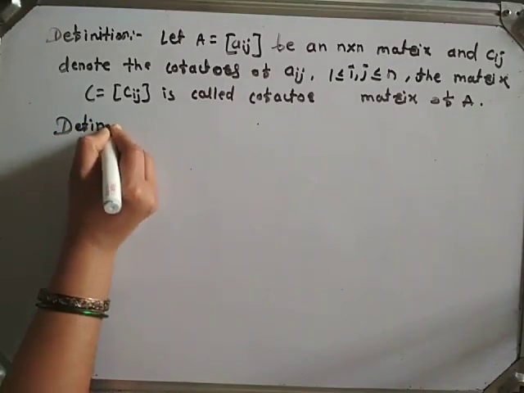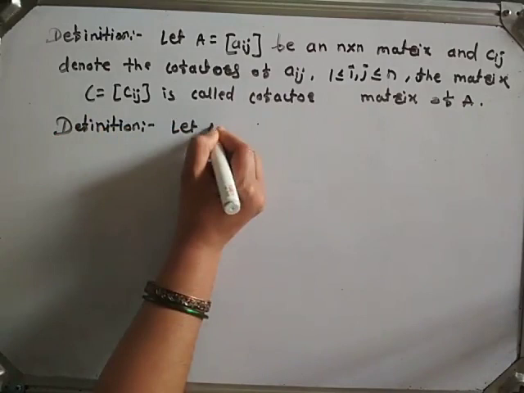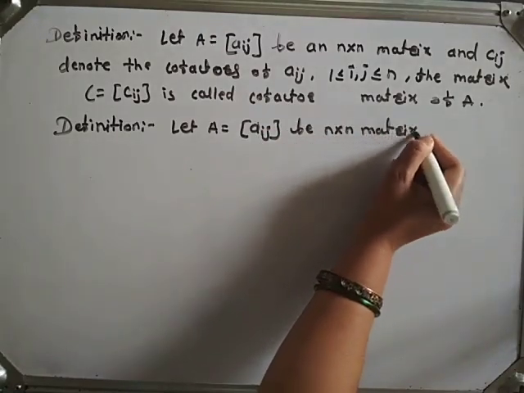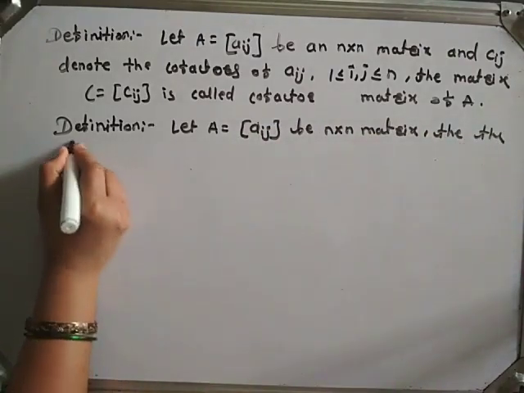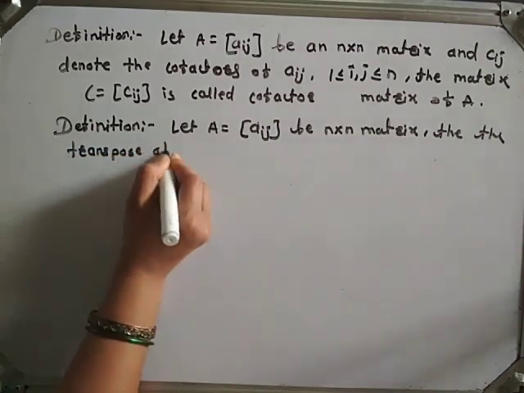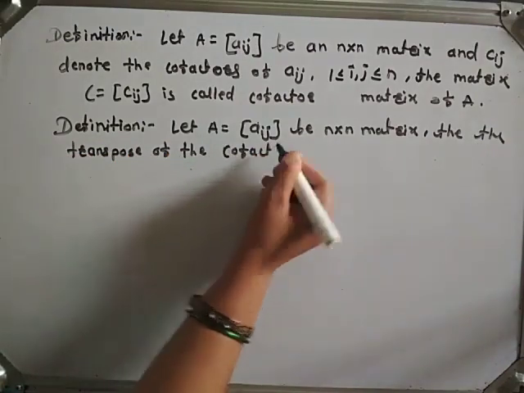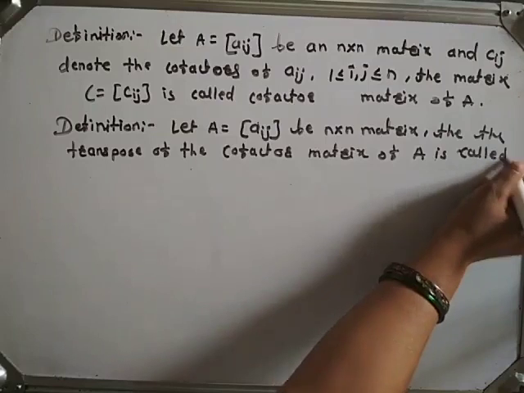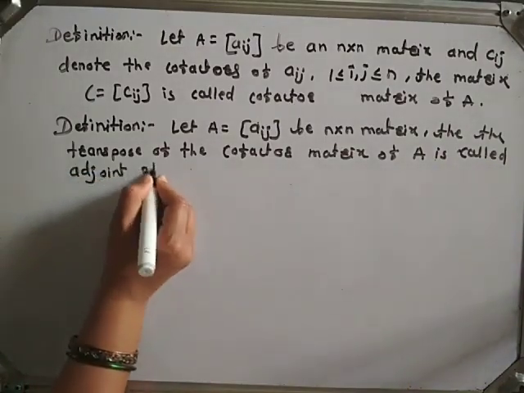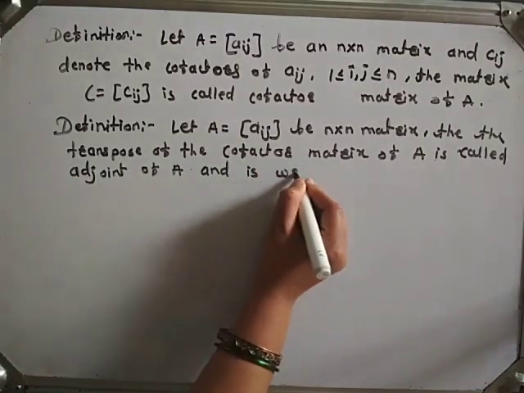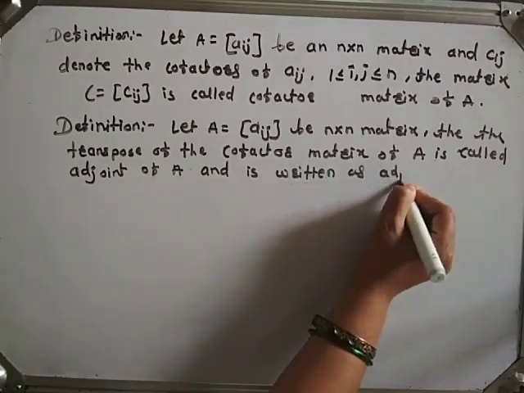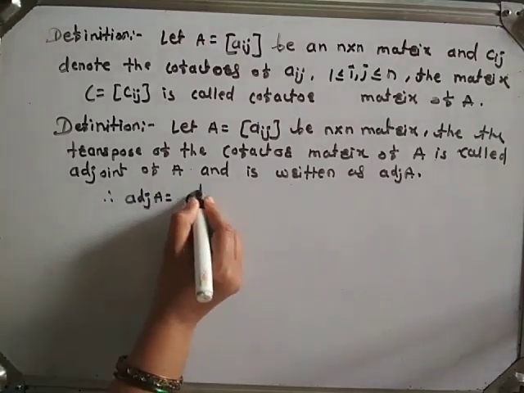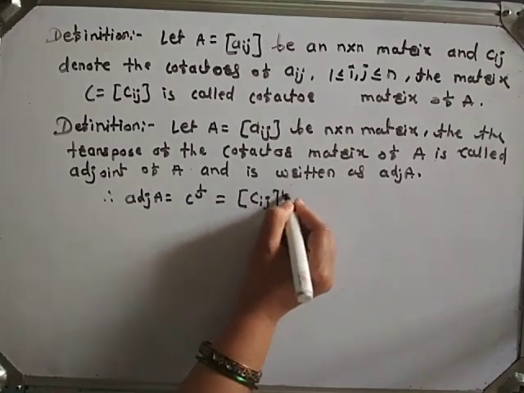Let us take the next definition, adjoint of A. Definition: let A equal matrix Aij be an n by n matrix, then the transpose of the cofactor matrix of A is called the adjoint of A and is written as adjoint of A. Therefore, adjoint of A equals C transpose, or matrix Cij transpose.